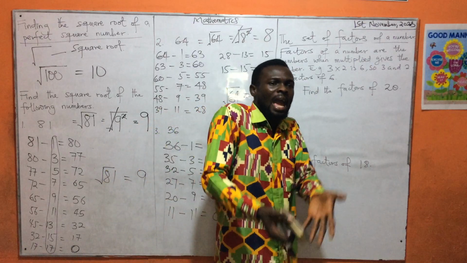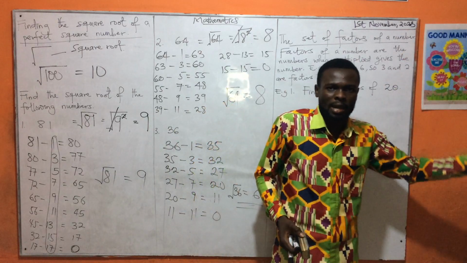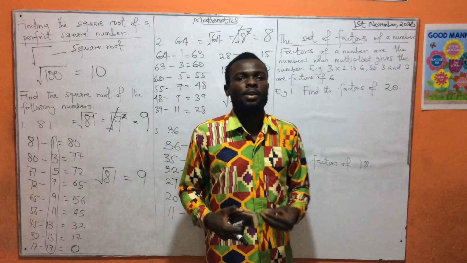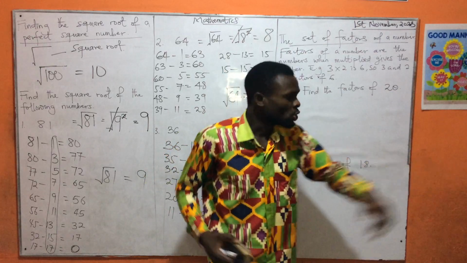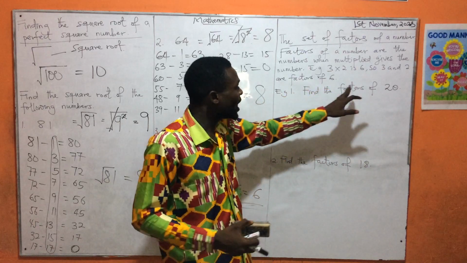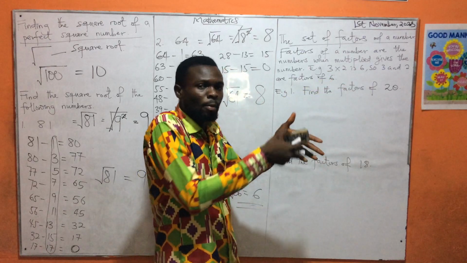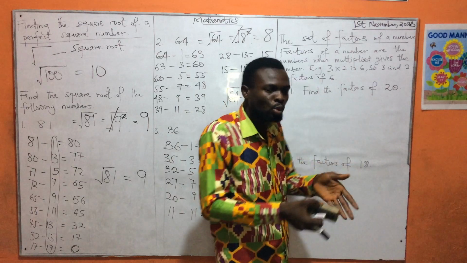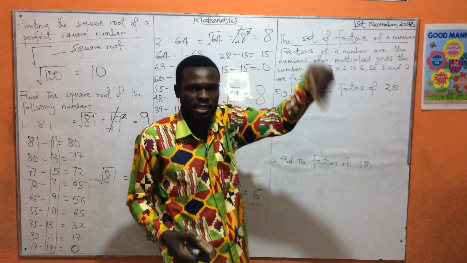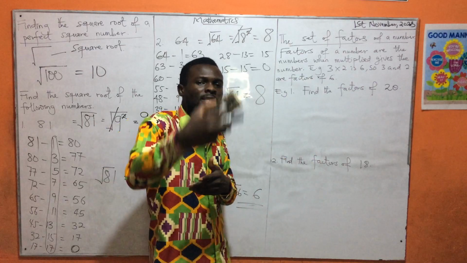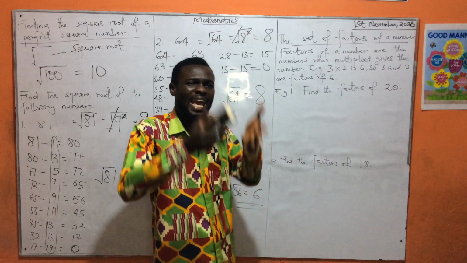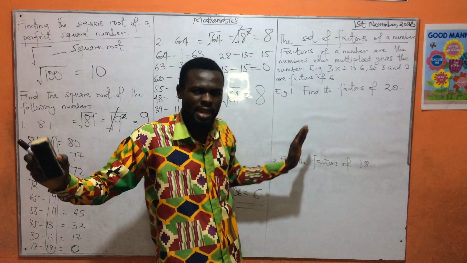So any number I multiply to get another number, the numbers that I multiply happen to be factors of my result. So for example, 3 times 2 is 6. So if I multiply 3 and 2 to get 6, then 3 and 2 are factors of 6. Which means that a factor of a number divides exactly the number without a remainder.